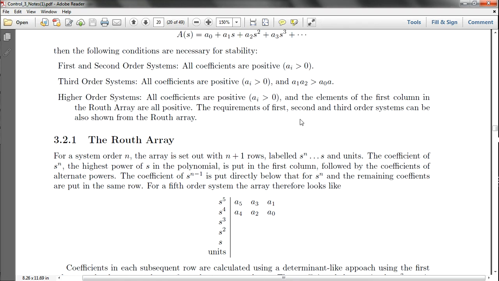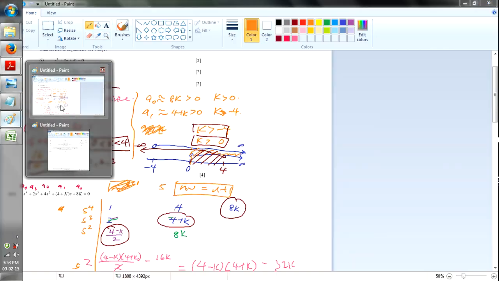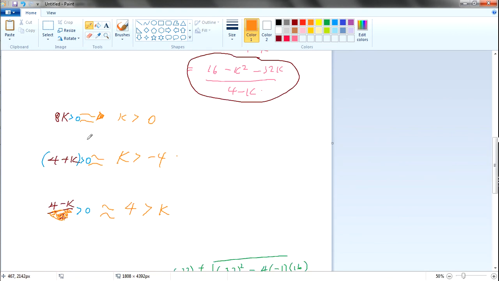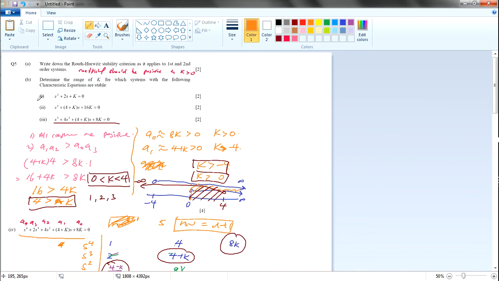We also rigorously talked about how to draw the number line, trying to understand what is the k range that we need, such that if you sub a k value within this range into your equation, it will be stable. We also talked about a trick question over here.